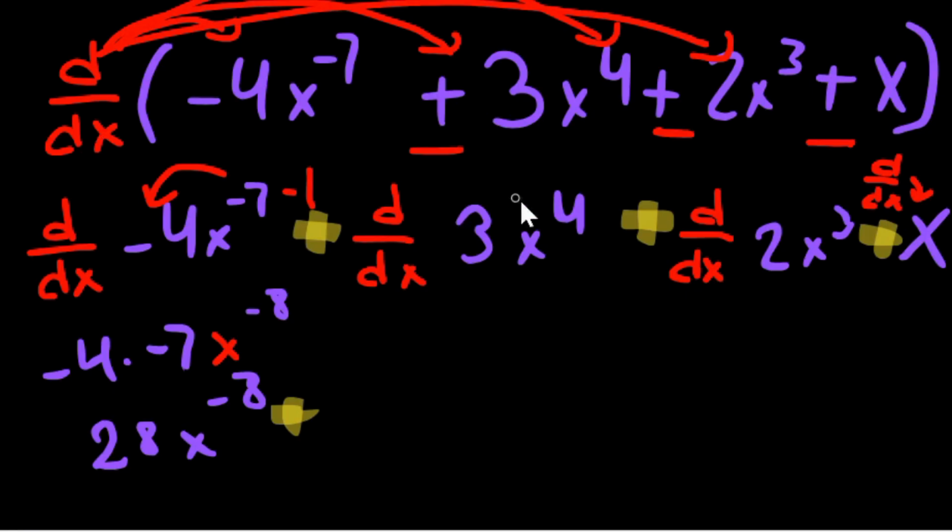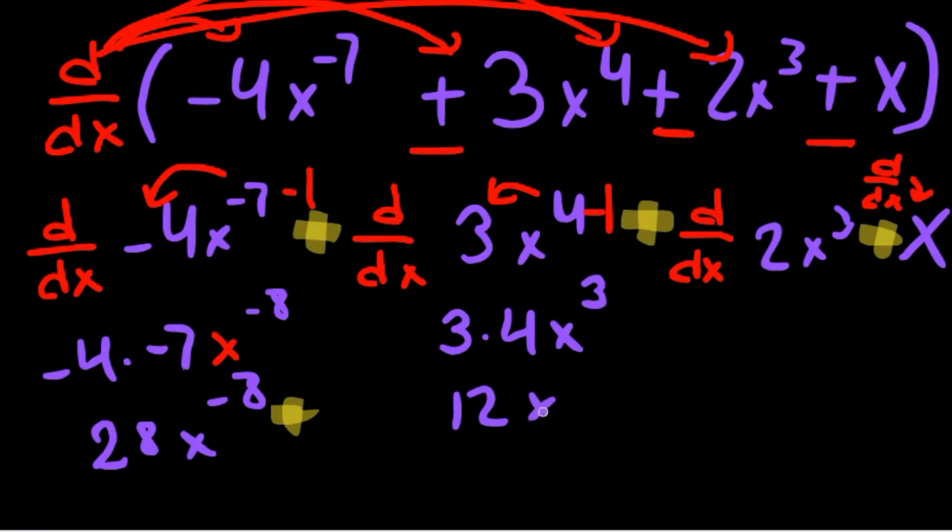We're going to add it with the derivative of 3x to the 4th. Again, 4 hops down, minus 1. So we are going to get 3 times 4x, and then 4 minus 1 is 3. 3 times 4 is 12. 12x cubed is going to be our derivative for that second expression.